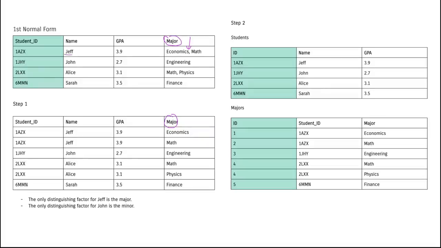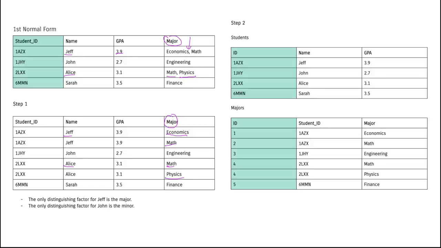We have Jeff, who had a 3.9 and was majoring in economics and math. So now we're going to have two rows that reflect the information: Jeff with one row for economics and one row for math. Similarly with Alice, who's majoring in math and physics, we have Alice with one row for math and one row for physics. But that's only the first step.